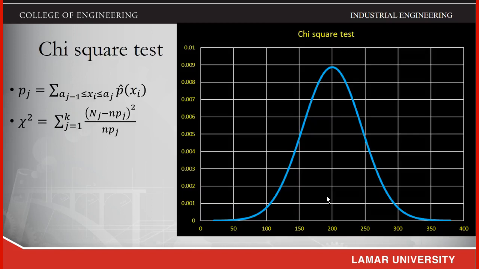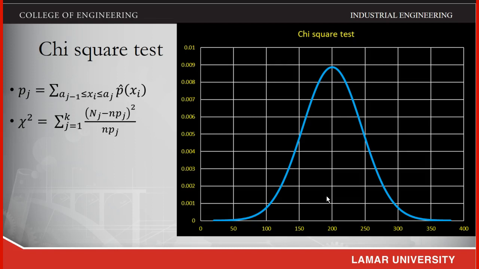First, the Chi-square test. The Chi-square test compares the data observed against a theoretical probability density function. Basically, the number of data observed within a particular bracket in a histogram, how would that compare to the probability of having that equivalent value in the theoretical distribution? The way that we do this is through a chi-square distribution.